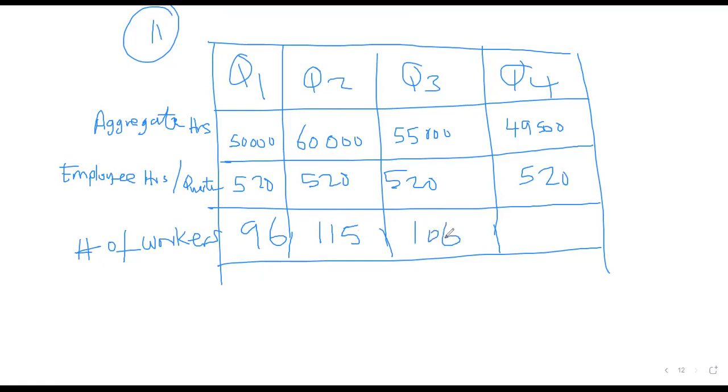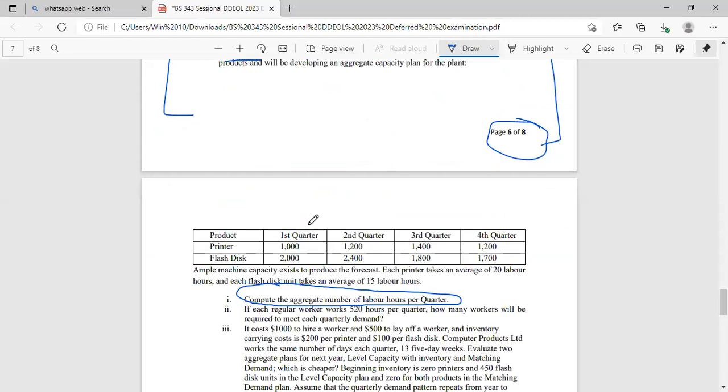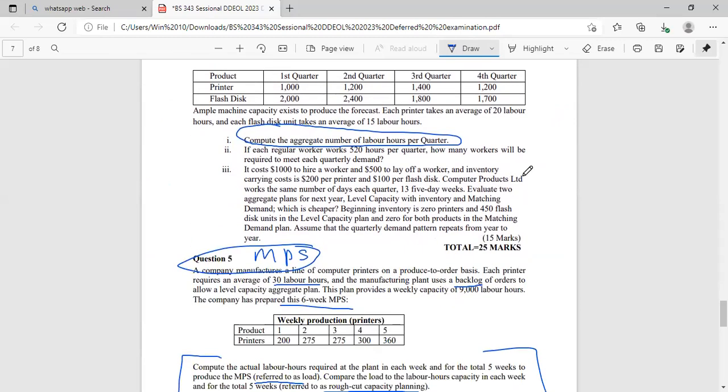Then the other one is 49,500 divided by 520, which is 95. So these are the number of workers according to this question. If a worker works 520 hours per quarter, how many workers will be required to meet quarterly demand? Then we have to answer the last part of the question.